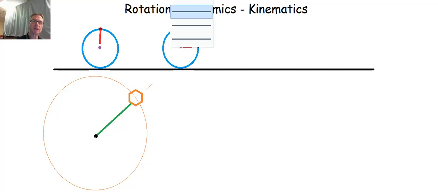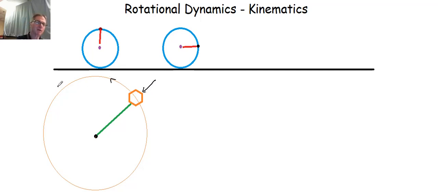Here's our object right here, and our object is being twirled around in a circular path like this, okay? The object itself is not spinning, okay? It is being rotated about a central point, but the object is not spinning. The axis of rotation is outside of the object, okay?